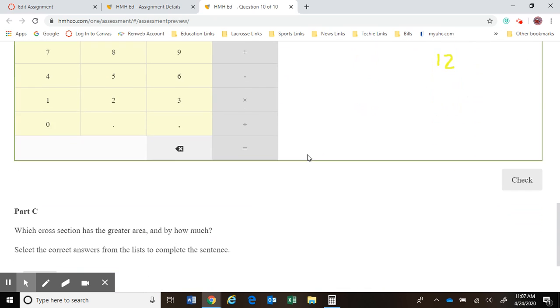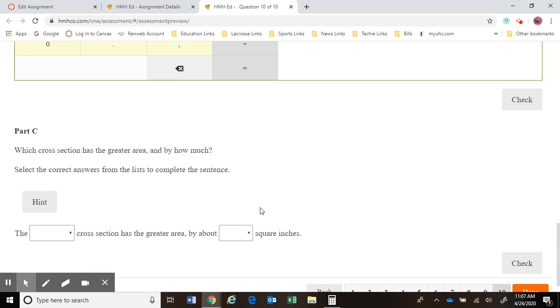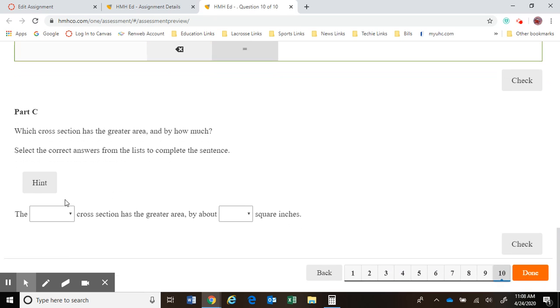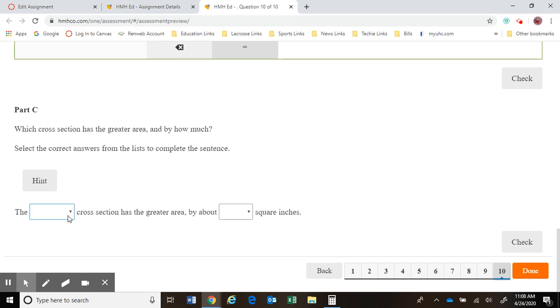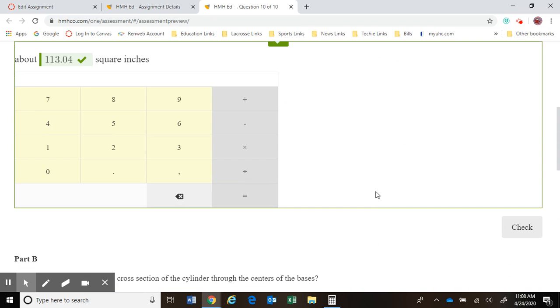Which cross section has the greater area? The rectangle was greater, right? The vertical cross section was greater, and by how much? If you just subtract the two, we can do the math.